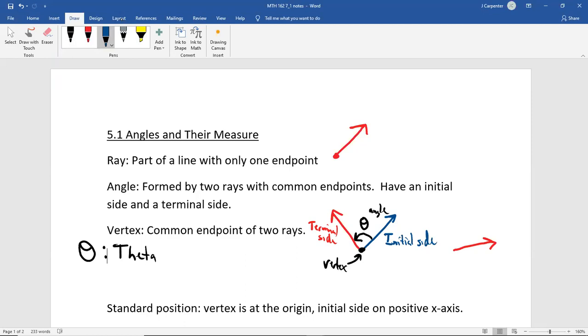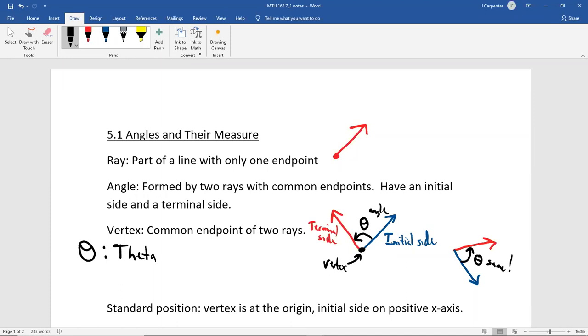See, it's almost 90, so this looks pretty good. That's me trying to draw the same exact theta. So going from the initial to the terminal, that's the same. I just drew them in a different manner.